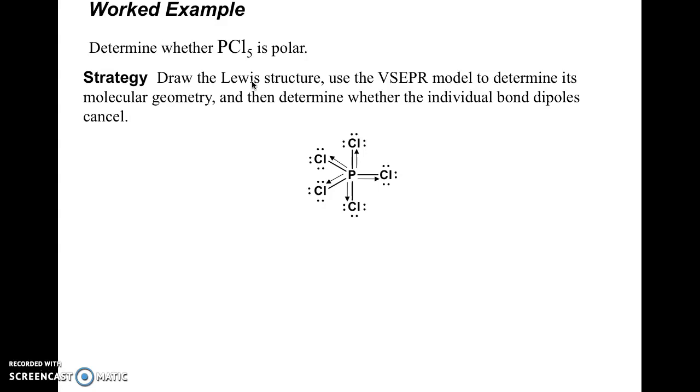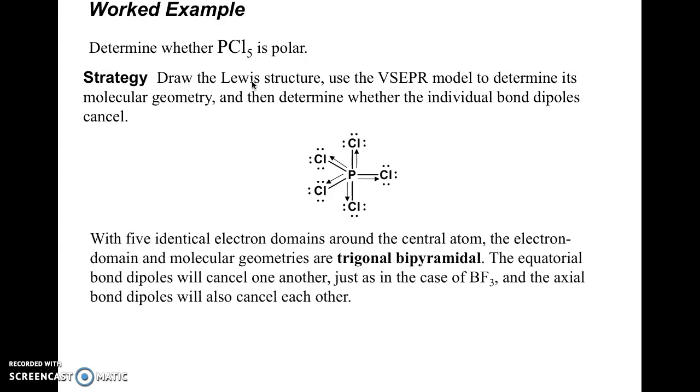And so we have 2 things to consider, the chlorines on the top and the bottom, which obviously are pulling equally and opposite from one another. And then you have that trigonal planar in the middle, once again a symmetrical triangle, and so those do cancel one another and you end up with a non-polar molecule.